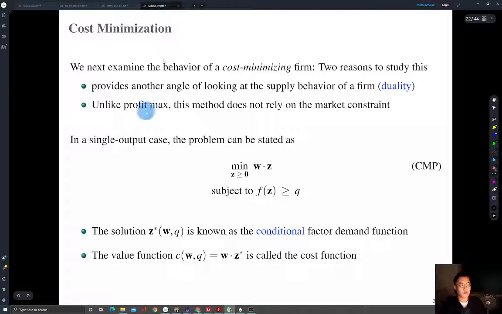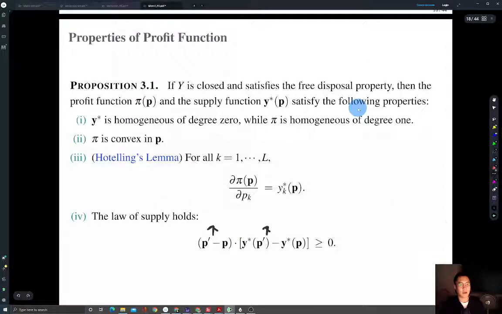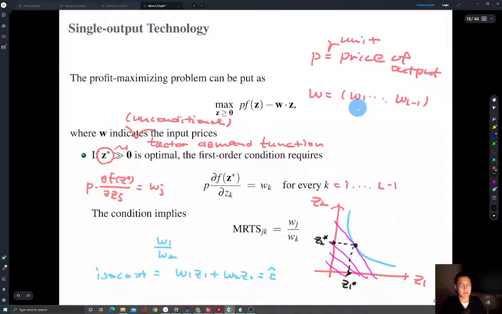Furthermore, unlike the profit maximization problem, this cost minimization does not rely on the market constraint. What does it mean? If we go back to the formulation of profit maximization in the case of a single output technology, in this formulation it is assumed that the firm faces two constraints.